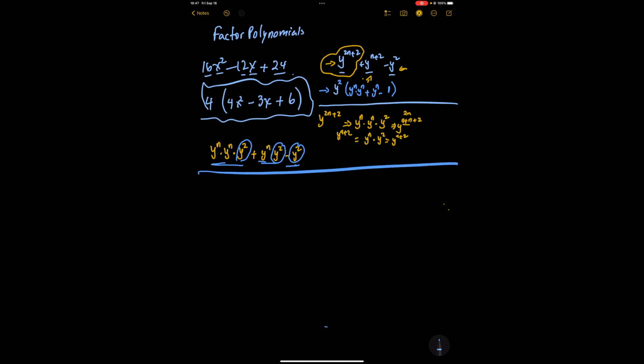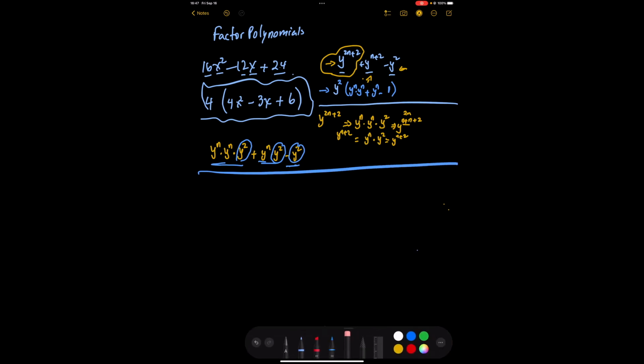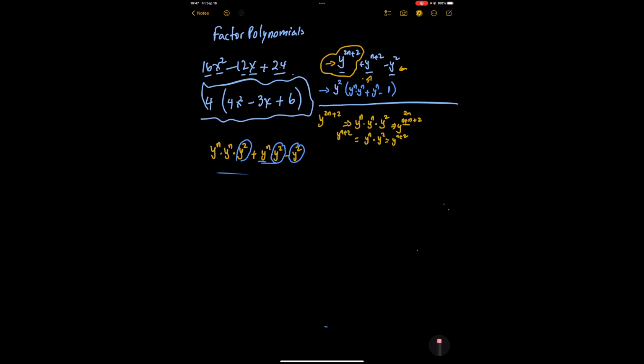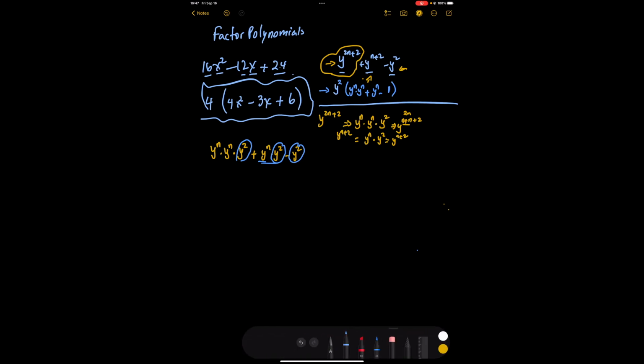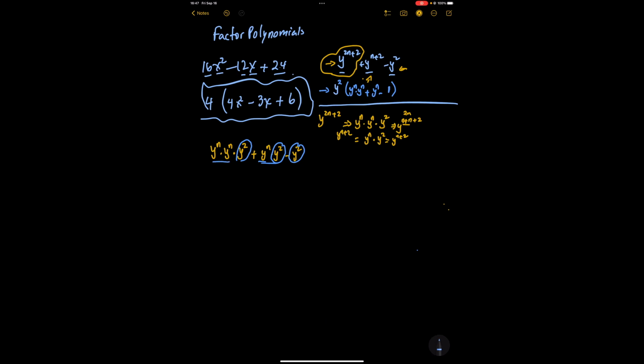So therefore, what is the answer for this one? It's going to be y squared factor y to the 2n plus y to the n minus 1.